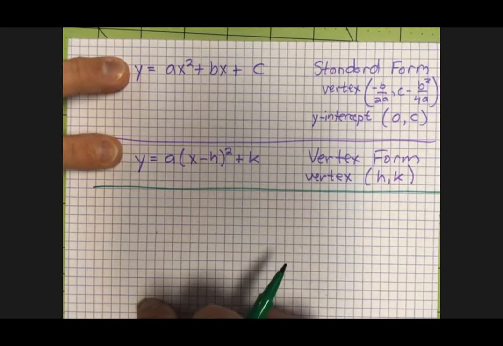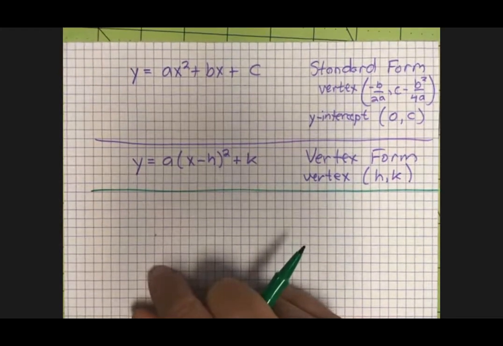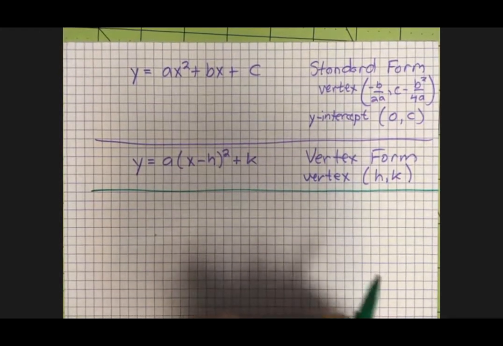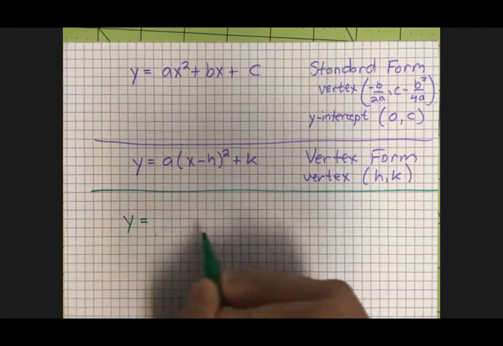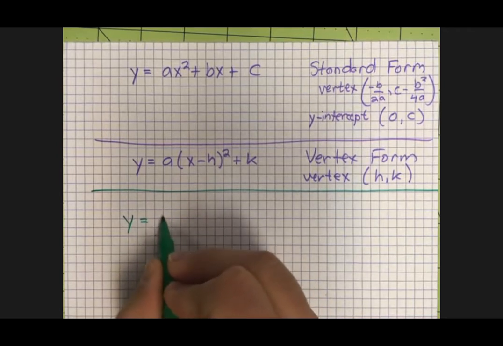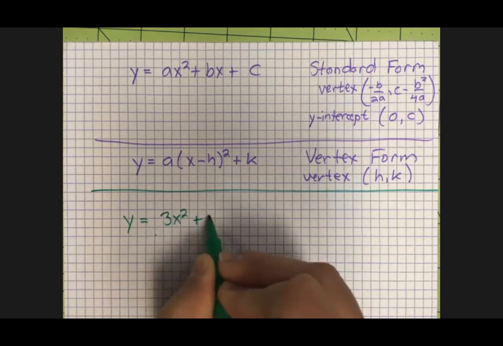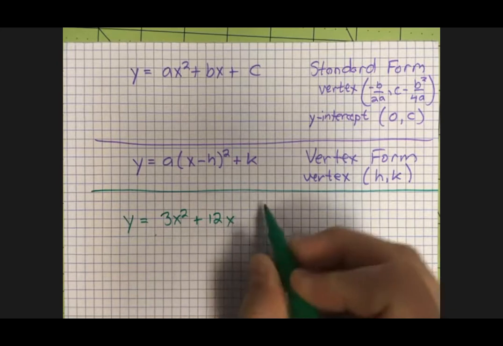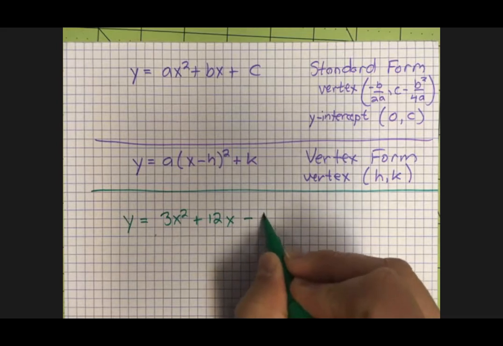Let's try one. And then let's try one with a kind of an extreme scale. So how about y equals 3x squared plus 12x minus 4.